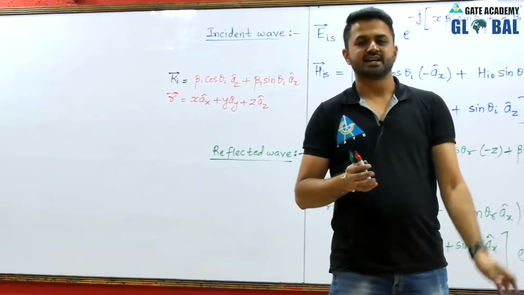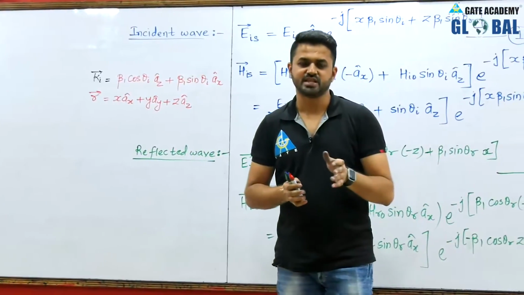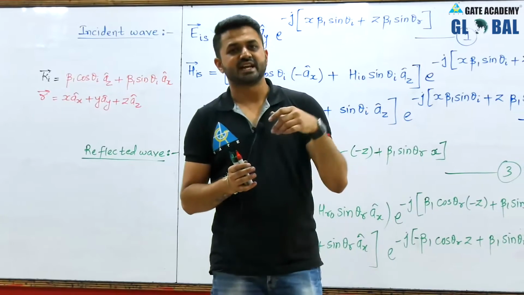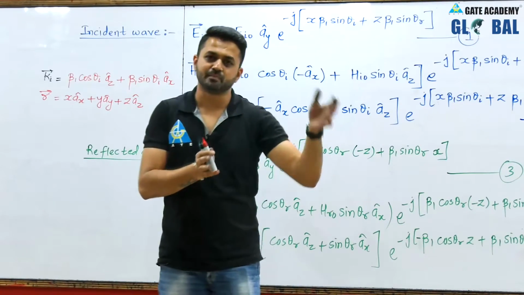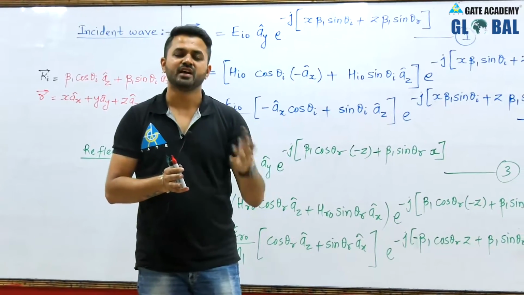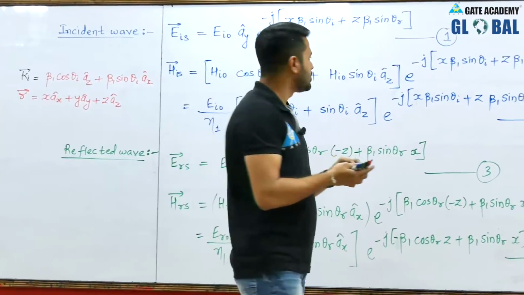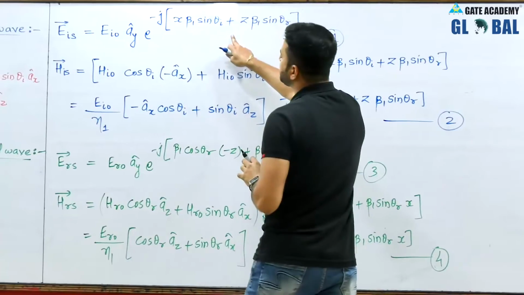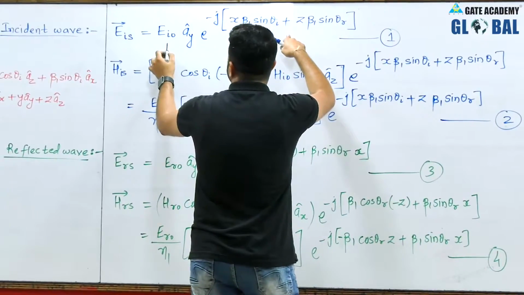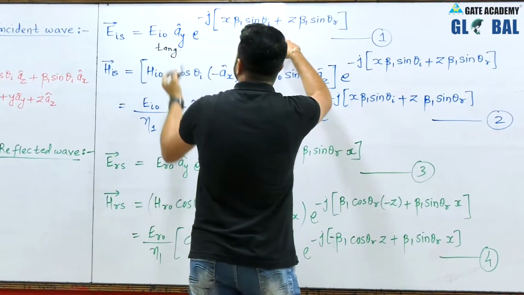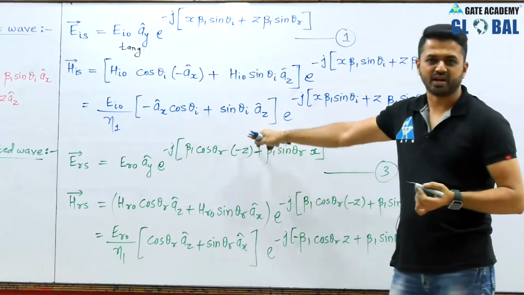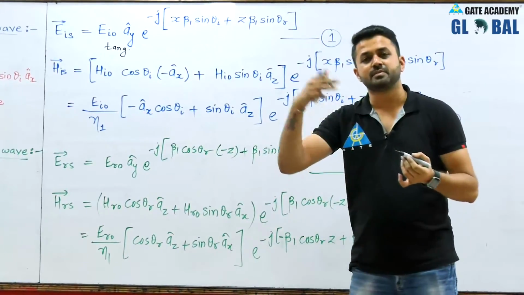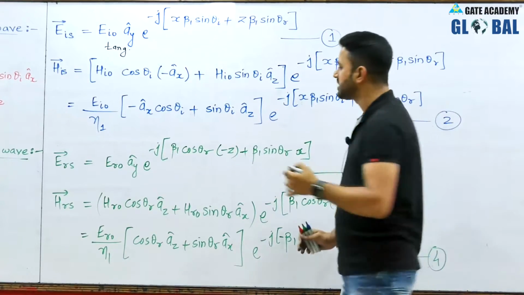So as we consider in the case of parallel polarization, the component which is in the direction of z will be the normal component, and the remaining, that is x and y, will be the parallel component. So here in the electric field we are having the y component, it means that is a tangential component, and in the magnetic field we are having the x component and z component, and the component which will be in the z direction will be the normal component.